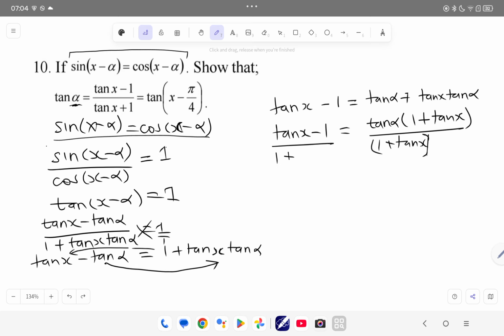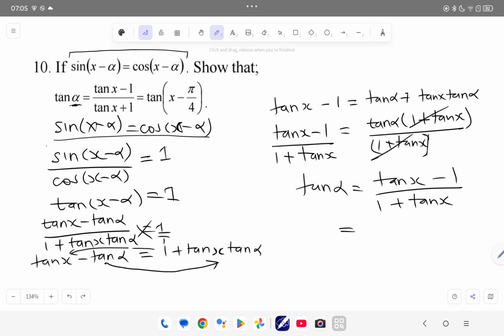Divide through by 1 plus tan x. This goes with that. You have tan alpha is tan x minus 1 out of 1 plus tan x. Now, how do we move from here?